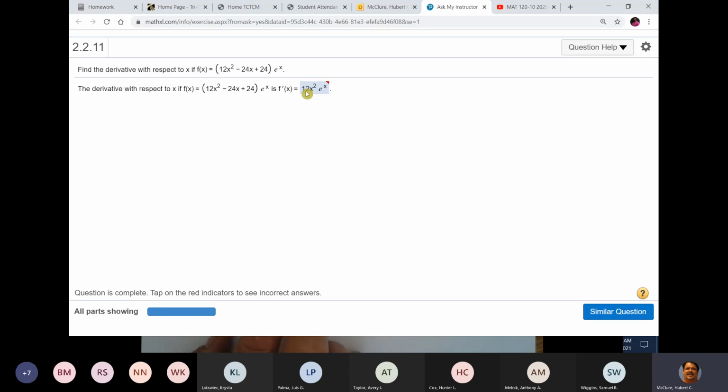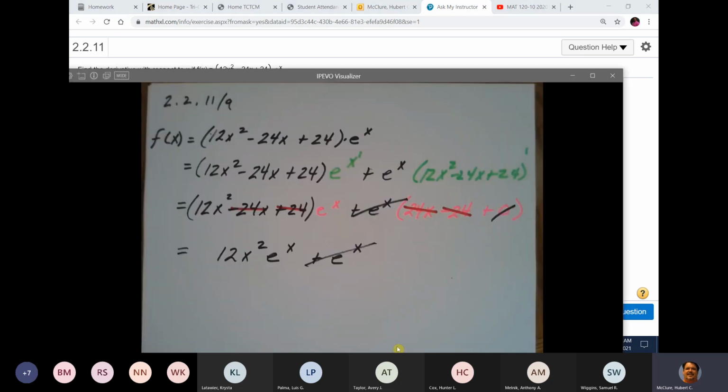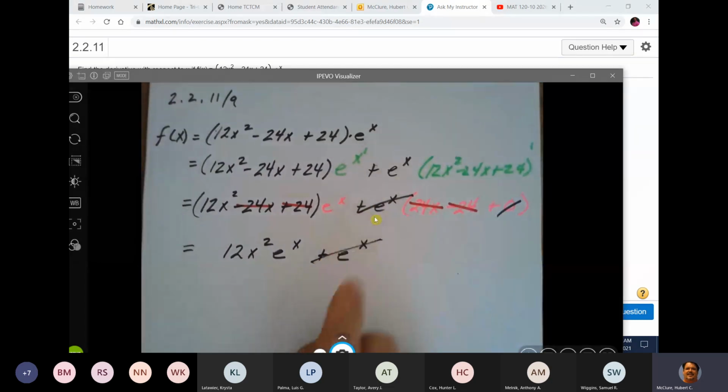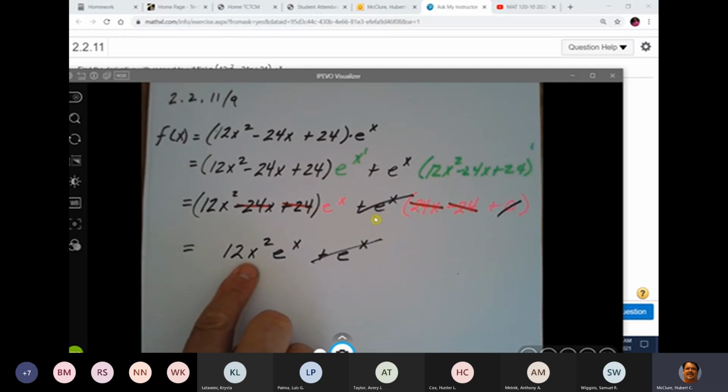Where does, oh, I see. If I take this, then e to the x times 0 is 0. That goes out. So you're left with 12x squared e to the x.